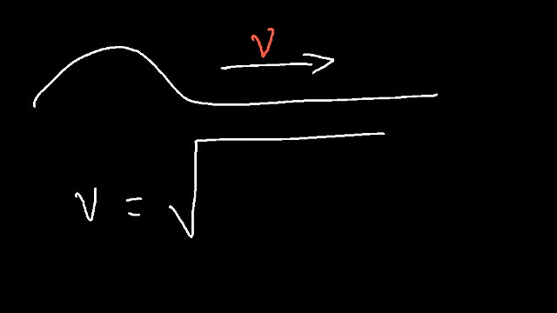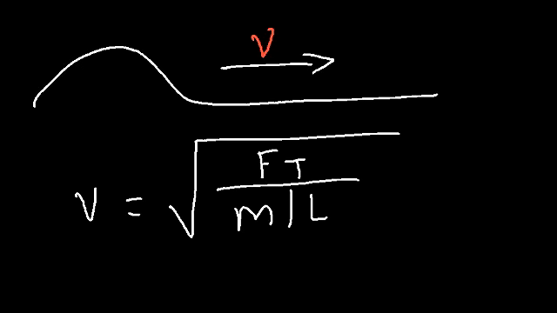It's equal to the square root of the tension force divided by the linear density of the string that carries the wave. M is the mass of the string, L is the length. So using that equation, you could find the speed of the wave or the tension force required to produce a wave with a certain speed.